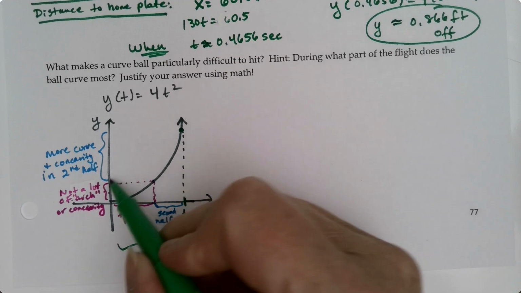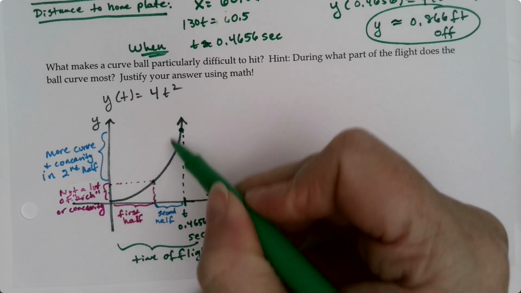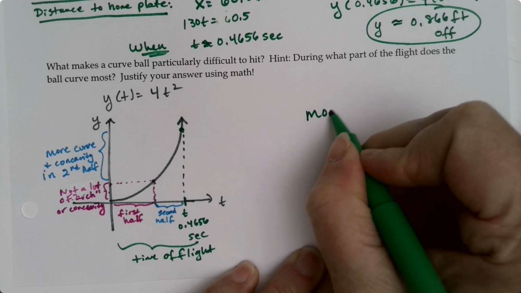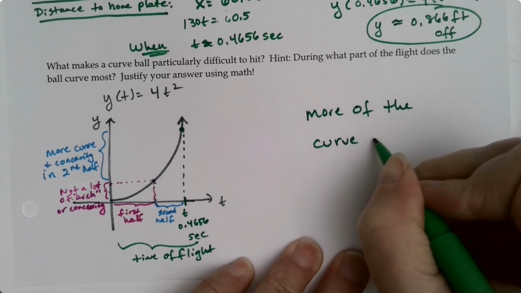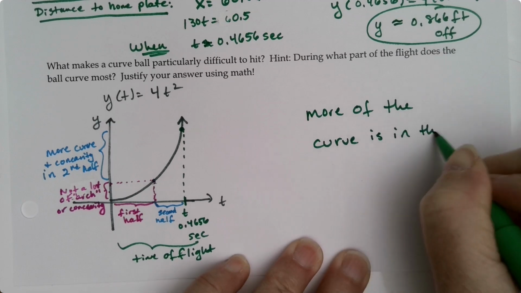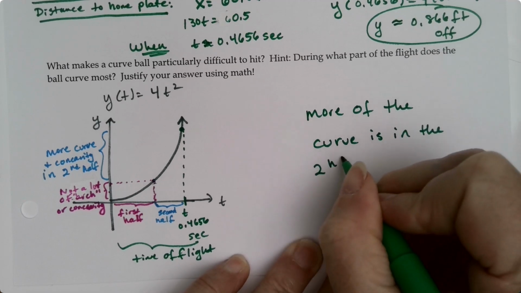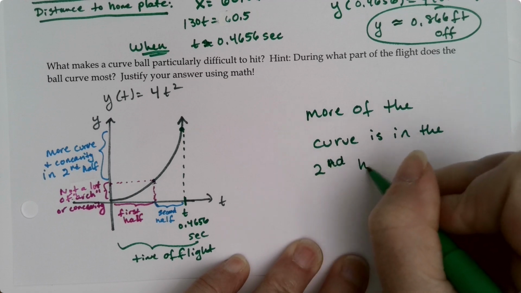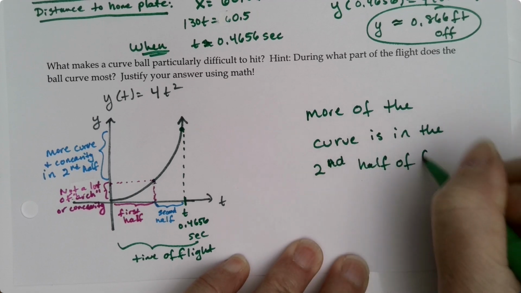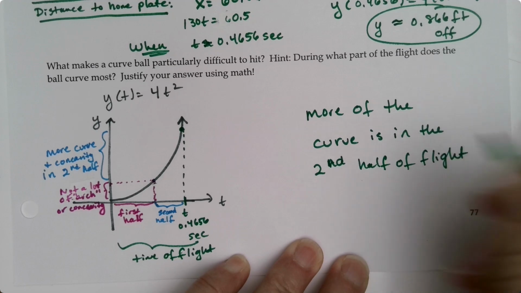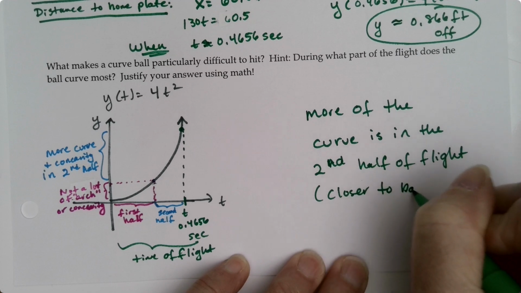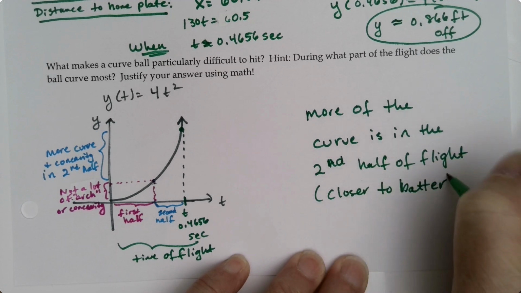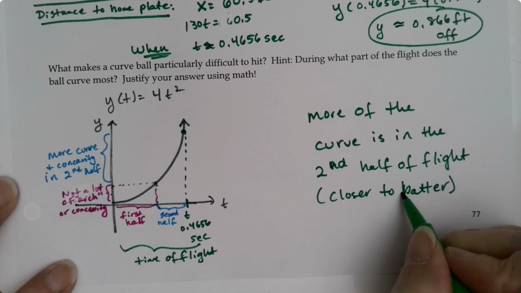So more of the curve, literally more of the curve part is in the second half of the flight, which is closer to the batter, and that's why the batter swings and misses because it arches away from them just in time.